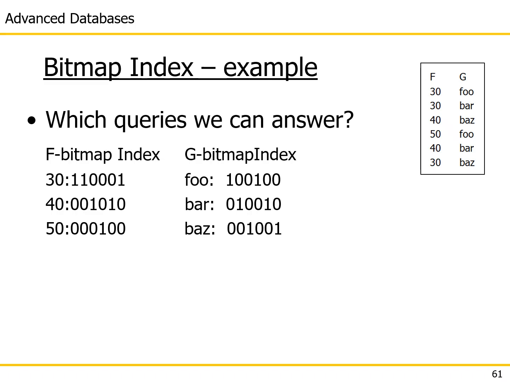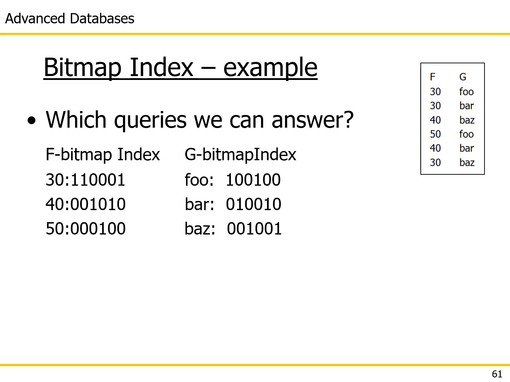Now, let's think a little bit more. Can we answer range queries? Can I say select star from where f is less than 50? Well, if I have the entries sorted, I'm going to get all the bitmaps for all the values less than 50, and I'm just going to AND them or OR them. Let me give you a second to think.